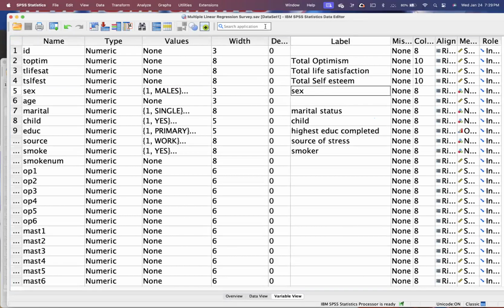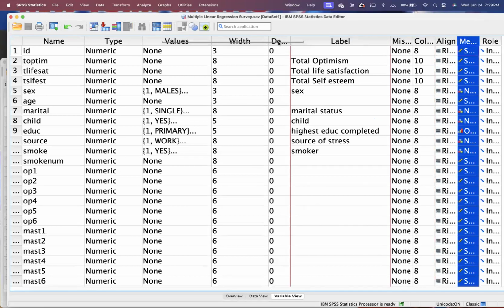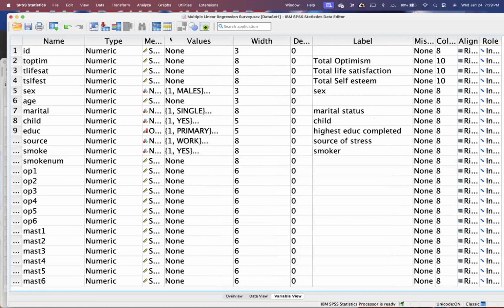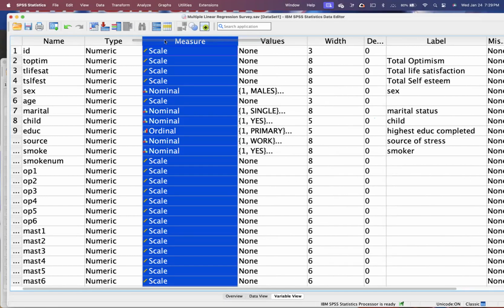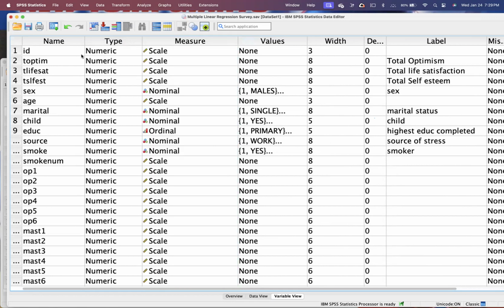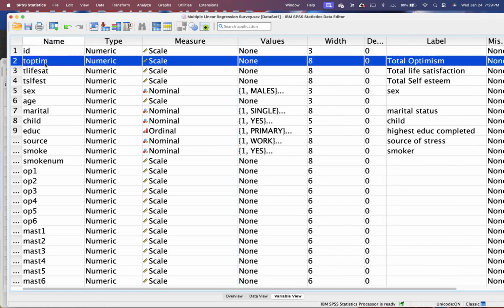So the other thing, remember when we talked about the scales of measurement? Notice that here, I'm going to bring the measure column over. Now look at this, total optimism.